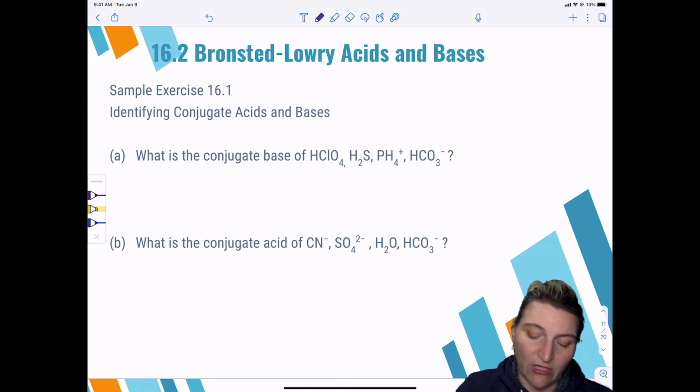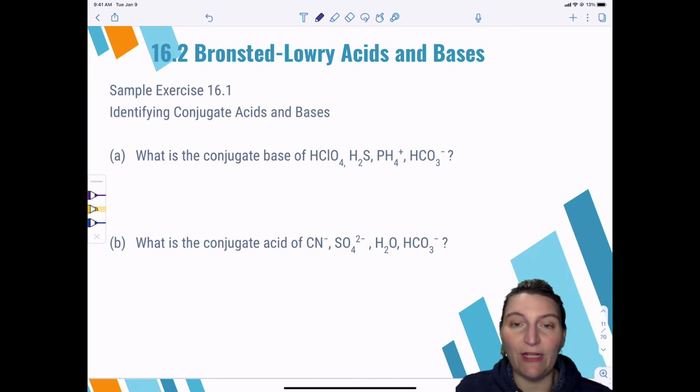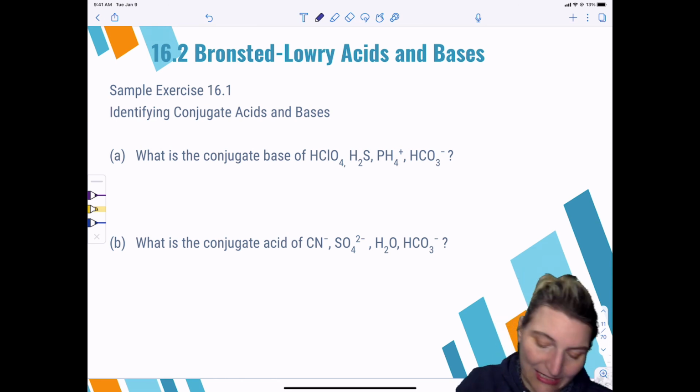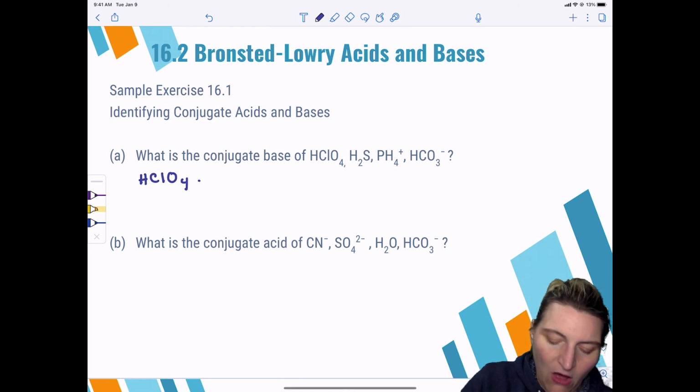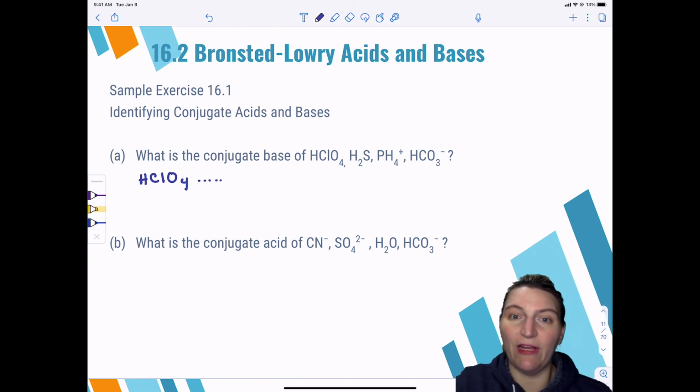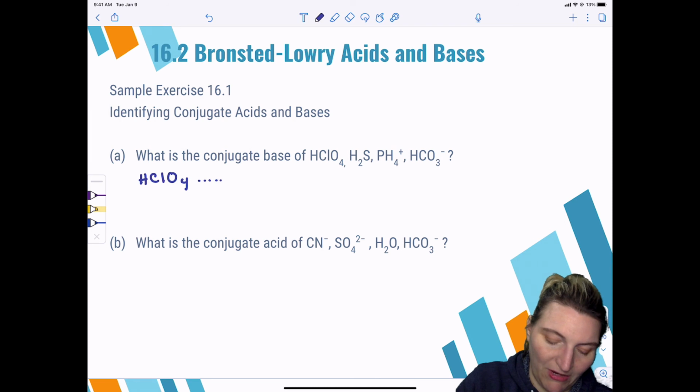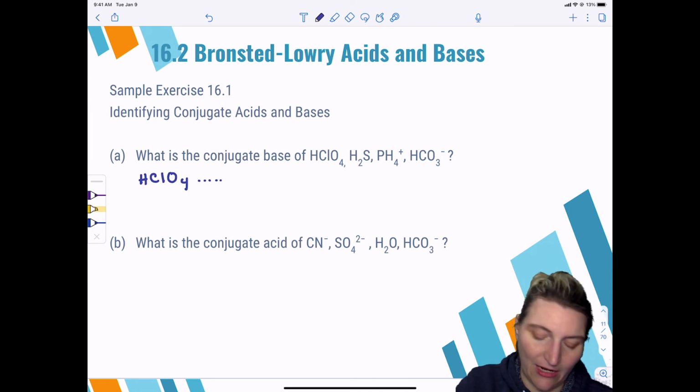So the first question says, what is the conjugate base of these guys? If you're asking for the conjugate base, that means these are all acids. So HClO4, how could this guy differ? We're looking at the conjugate base, which is this guy minus its hydrogen, because this is the acid, so it'll be donating its hydrogen.